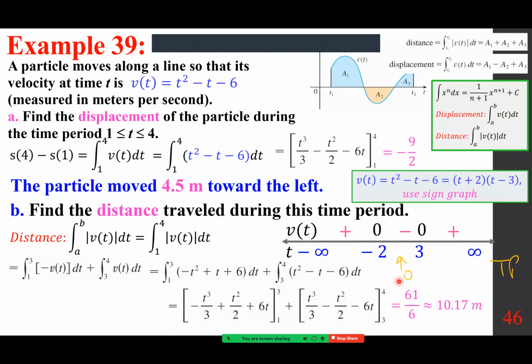We get precisely 61 halves, or about 10.17 meters. What does it mean? The distance covered was 10.17 meters, but the displacement was negative. So, to the left in essence. However, as far as the distance, up, down, and so on.